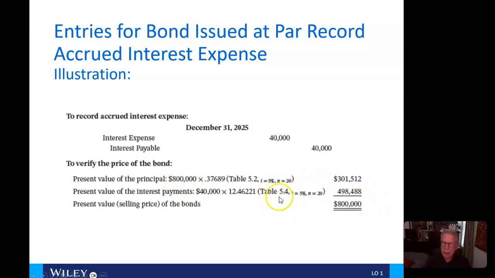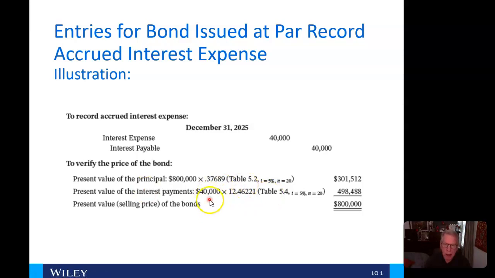$301,512. Now the present value of the interest payment, we're going to have $40,000 paid twice each year. And so again, we're going to use 5% and 20 periods, but this time we'll go into the present value of an annuity table, table 5.4, and we get this factor of 12.46221.